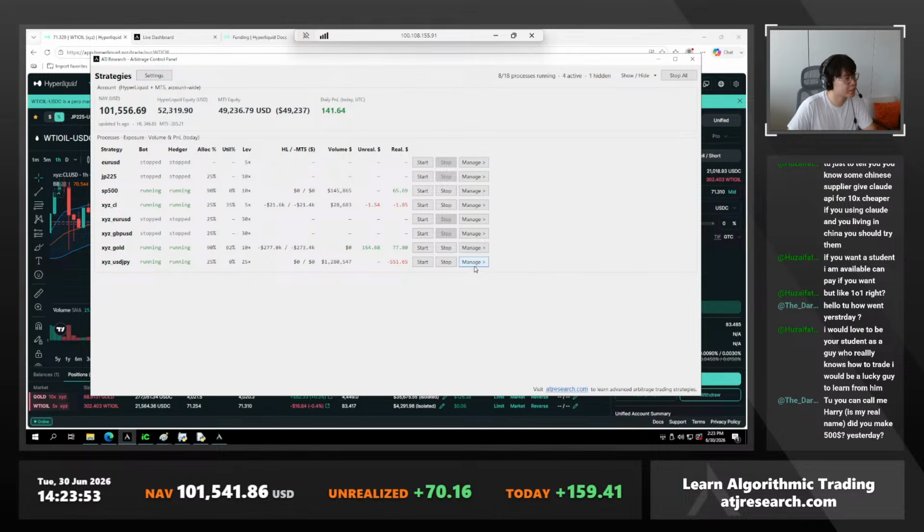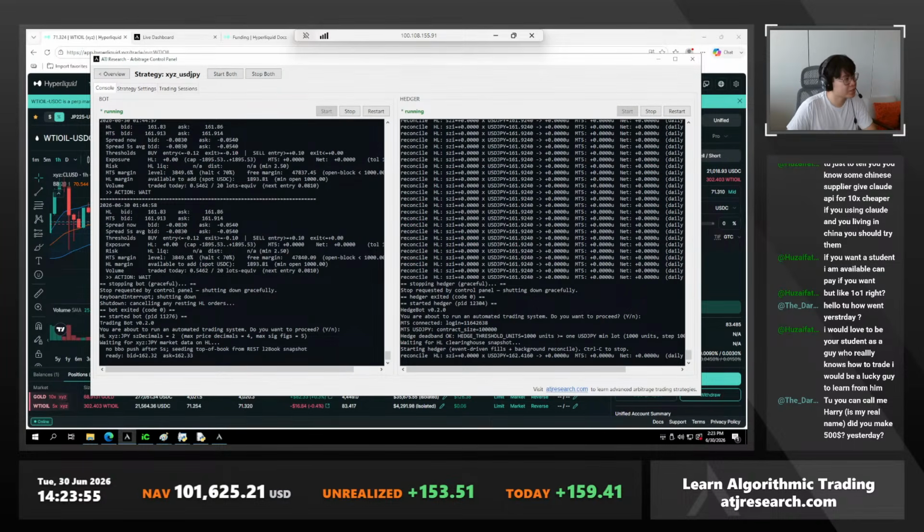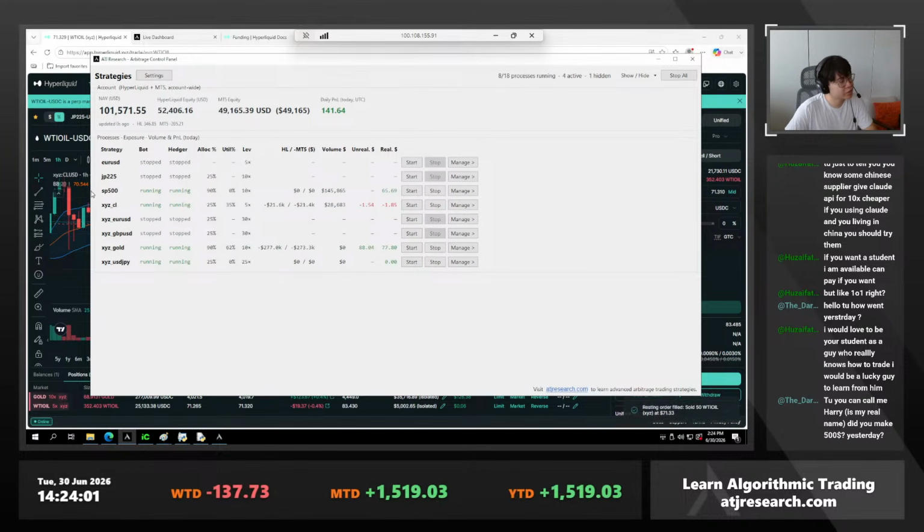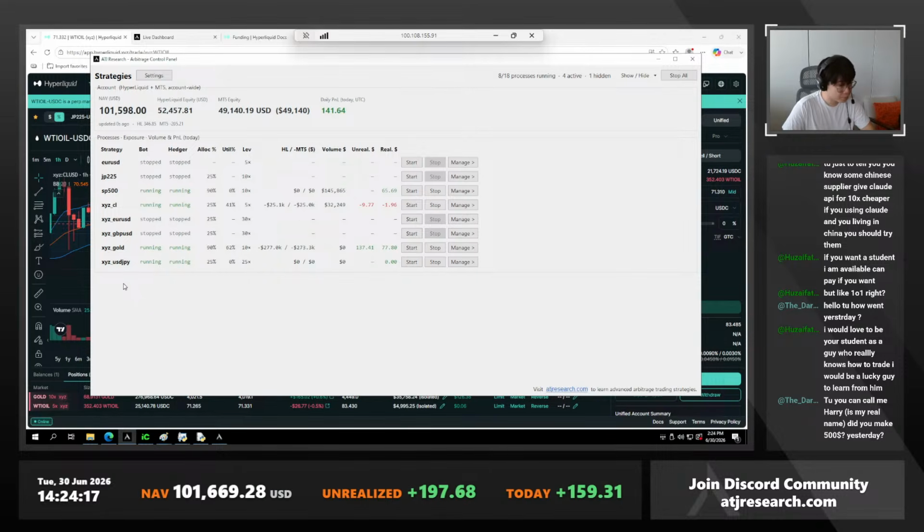have 4 strategies running. Every strategy right now is using its own WebSocket, and Hyperliquid has WebSocket limitations. So maybe what I was thinking is that we could have a central system that does the WebSocket connection and then communicates with all these individual trading bots.